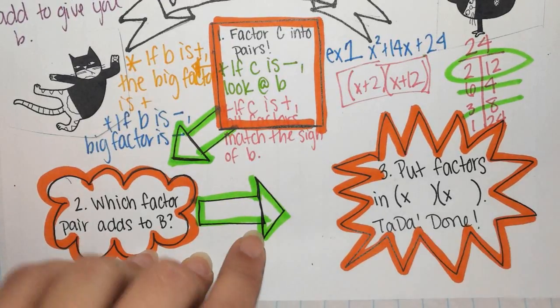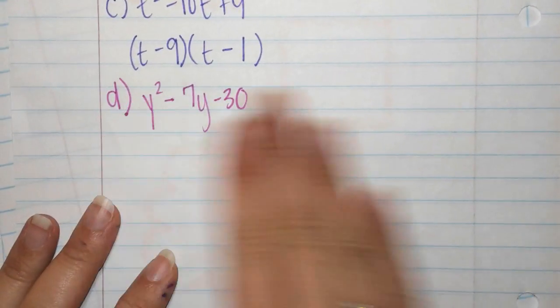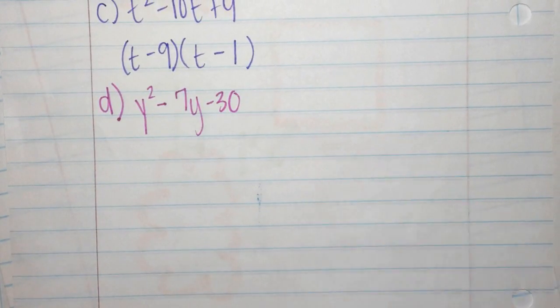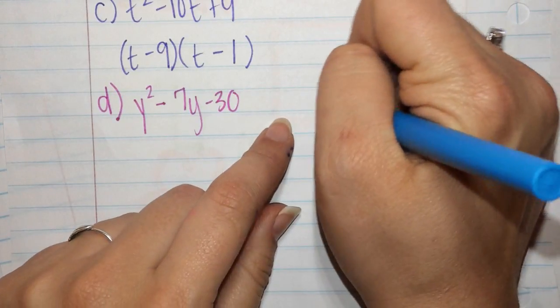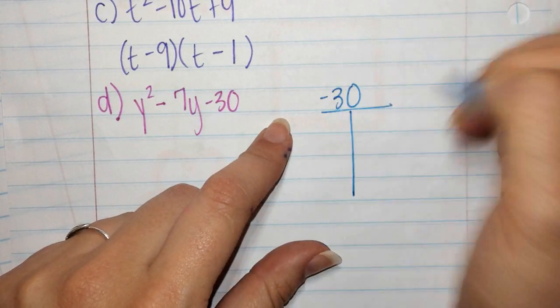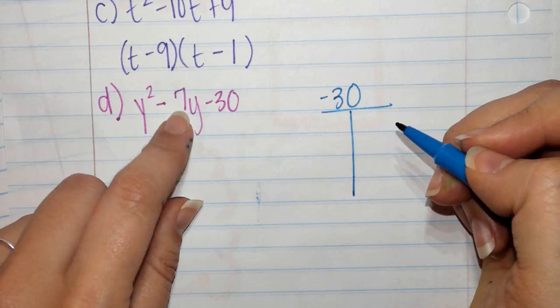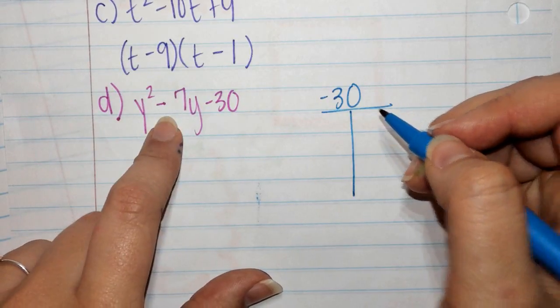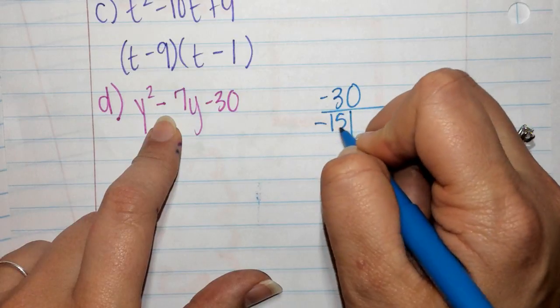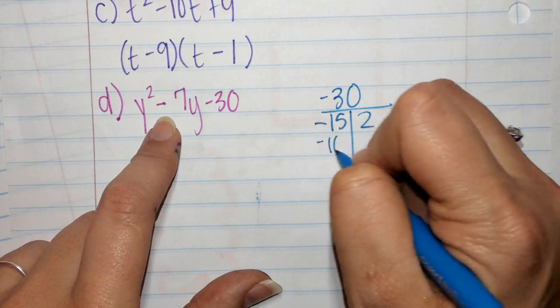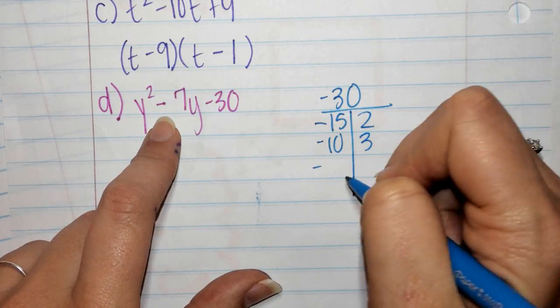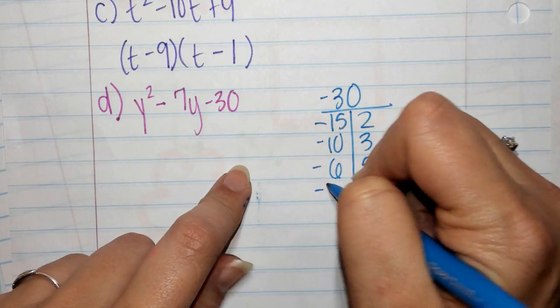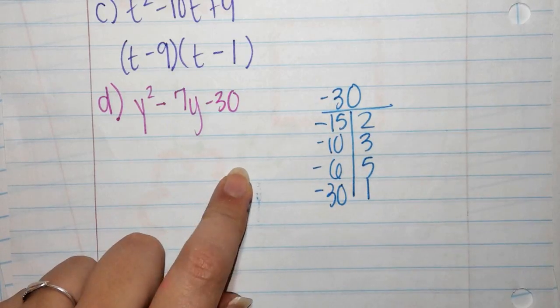You still add. Now, let's talk about what that's going to look like over here. We need two numbers that multiply together to give us negative 30. So our big factor has to be what this time? Negative, because 7 is negative. So we could have negative 15 and 2, negative 10 and 3, negative 6 and 5, and negative 30 and 1.